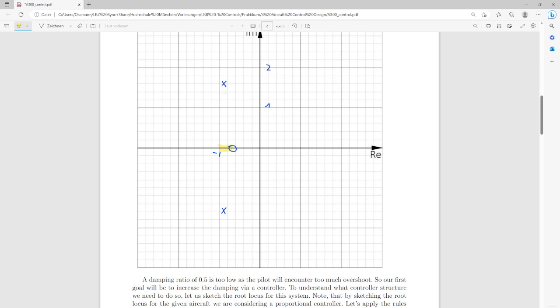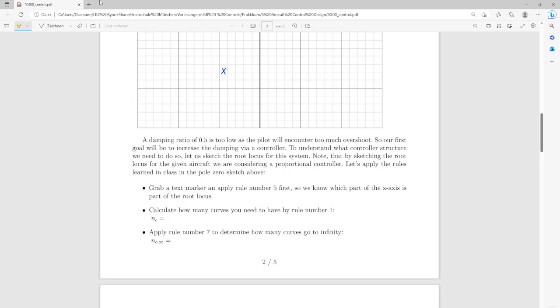Then you get to the point where you have these 2 poles. Adding an even number to an odd number always gives you again an odd number, so that you don't have any change here, and this whole part needs to belong to our root locus curve. Okay, so far so good. First question done. I'm going to go back here.